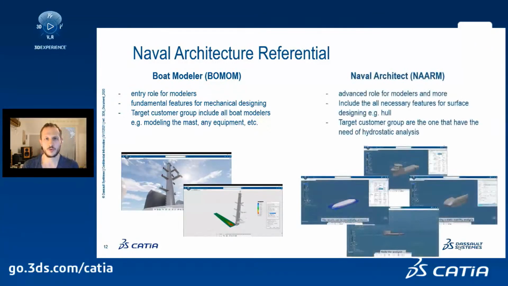If you want to go further and do a little bit more, you go for the Naval Architect role. That means you are able to do hydrostatic assessment, and that is then the more advanced tool.